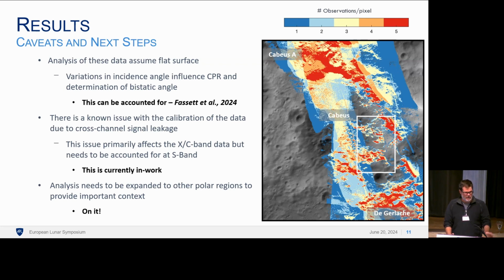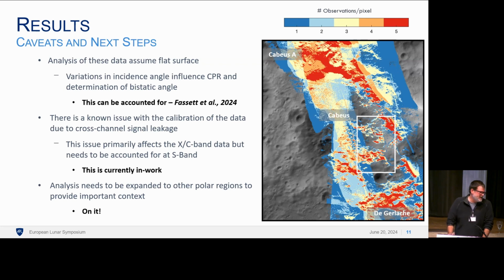We expect it to not be as much of an issue as it was at X-band. We do have a smaller dish that we've been doing calibration attempts with that doesn't normally operate at S-band. So we're also trying to validate their system before we move to revalidating ours. But we are working on it. It's an active thing for us.